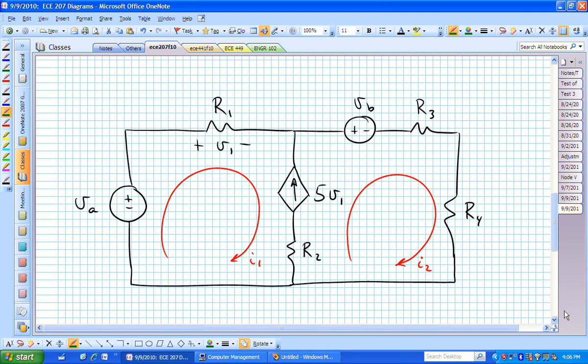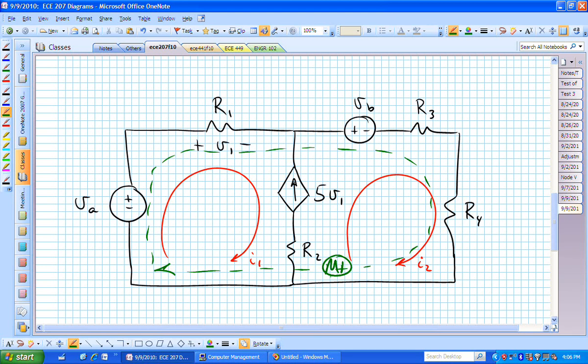And there's my circuit that I had already drawn, and now I have this super mesh that I want to follow around in order to write my voltage drops around that particular circuit.